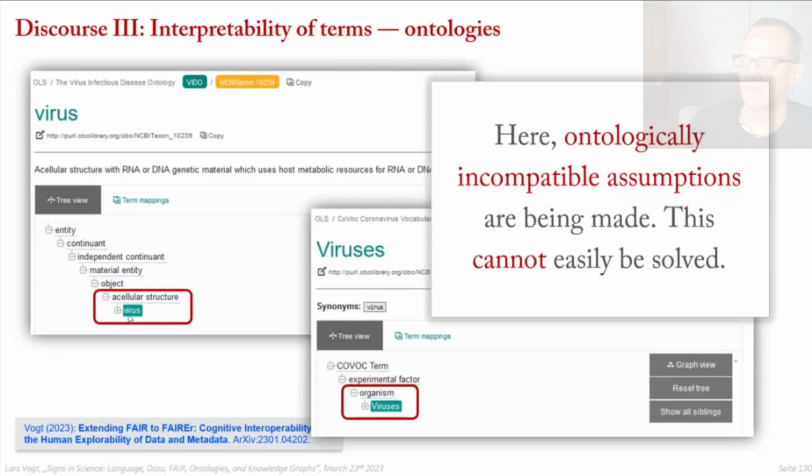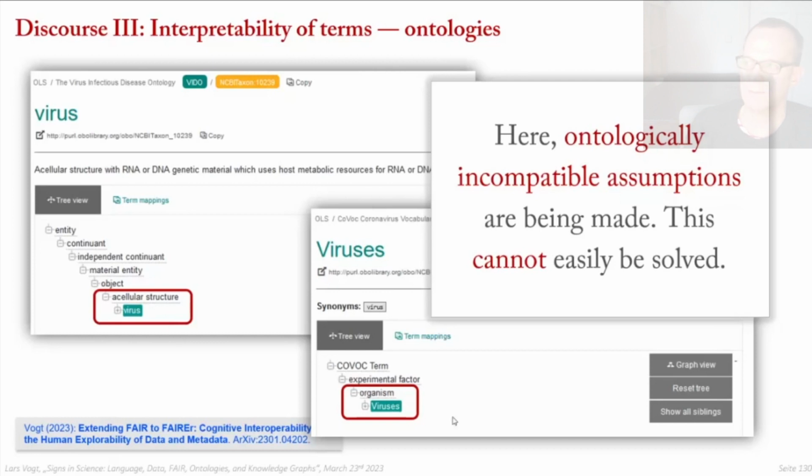So you see here, virus is a subclass of acellular structure, which means acellular is not cellular. That's what acellular means. So a virus is a structure that does not consist of cells. Here it says a virus is a specific type of organism. Organism is usually defined as something that consists of cells.